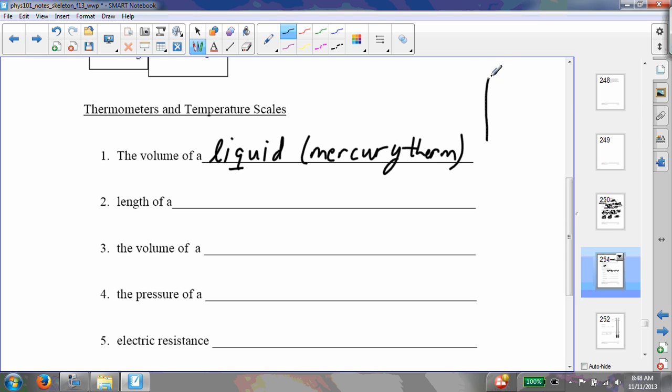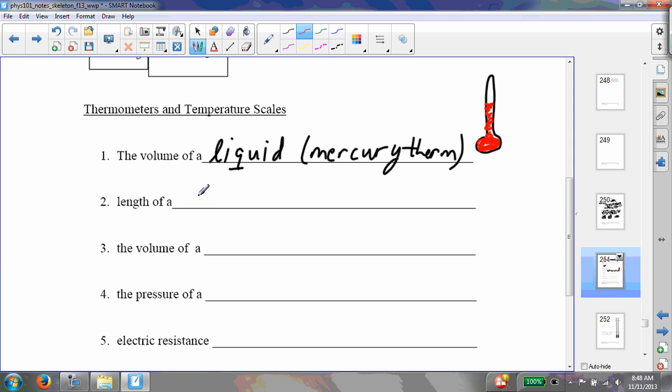So we have a tube, it has a bulb at the bottom, it's filled with say alcohol, which is usually dyed red. And then as this heats up, the alcohol will expand its volume up to the appropriate temperature, and it's calibrated.